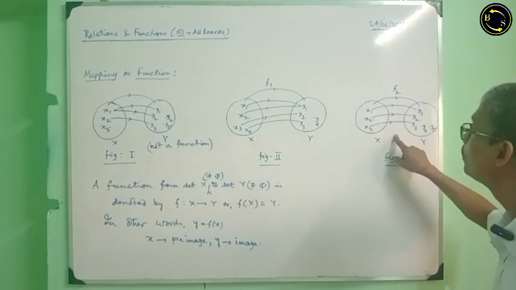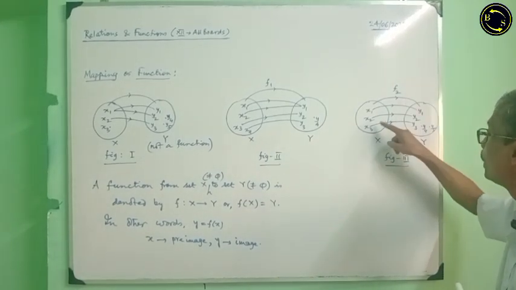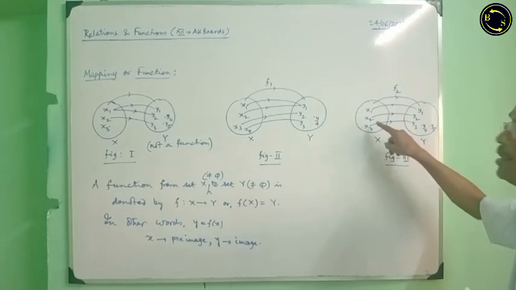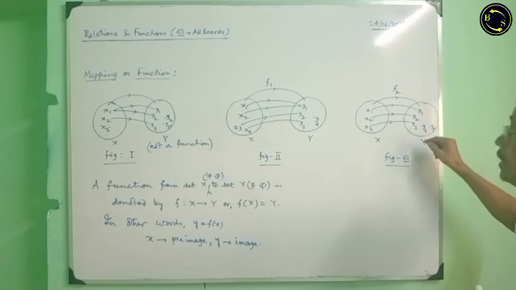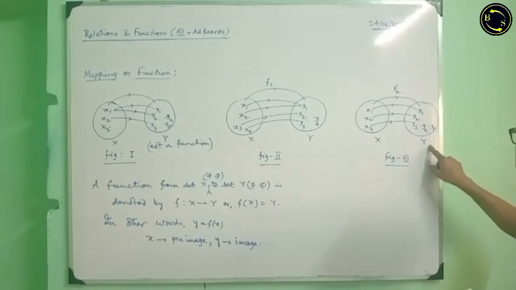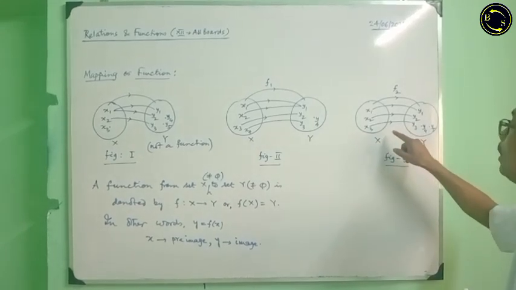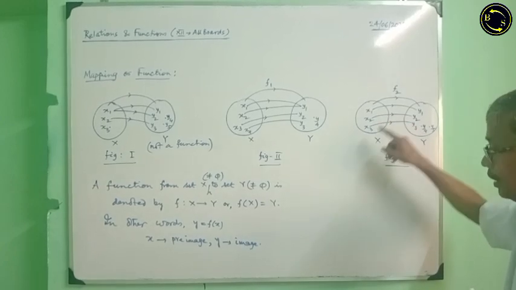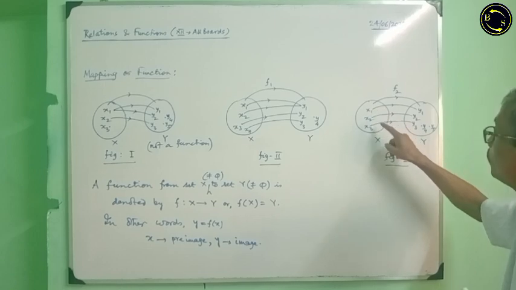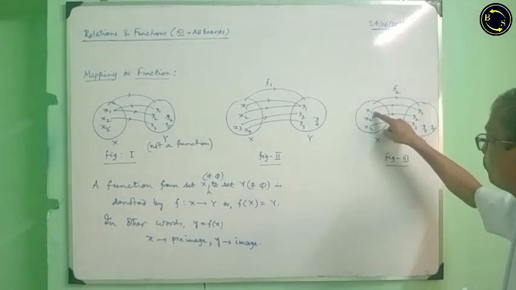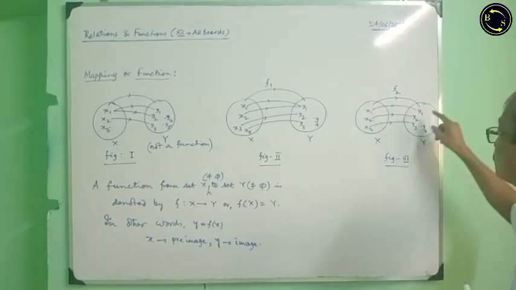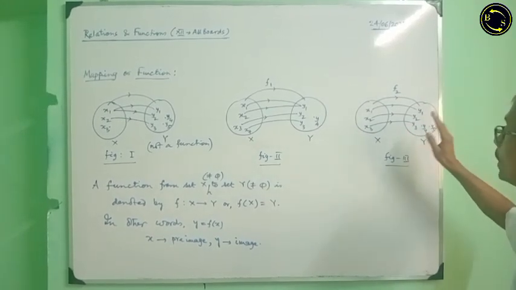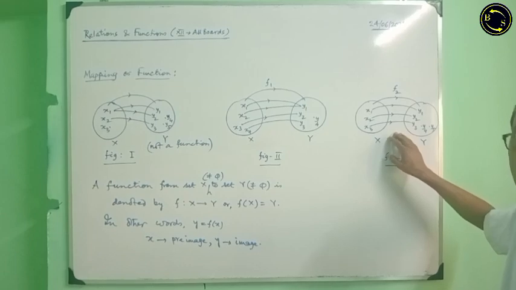Now, in case of f2, here every x of set X is connected to a definite y of Y. Therefore, here we see the image of an element of set X is distinct. Therefore, in this case we say this is 1-1 mapping.